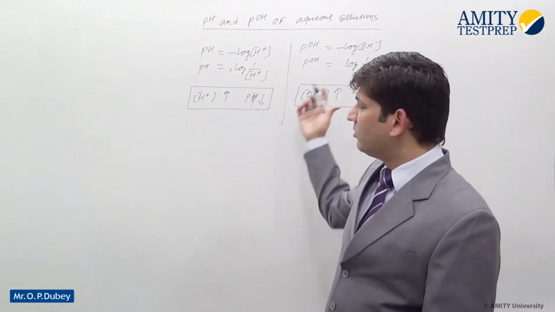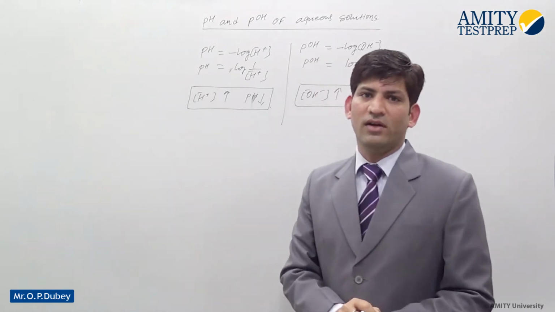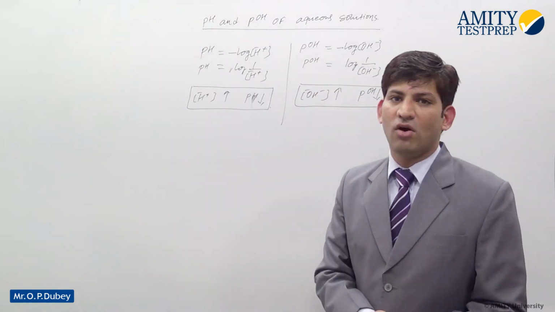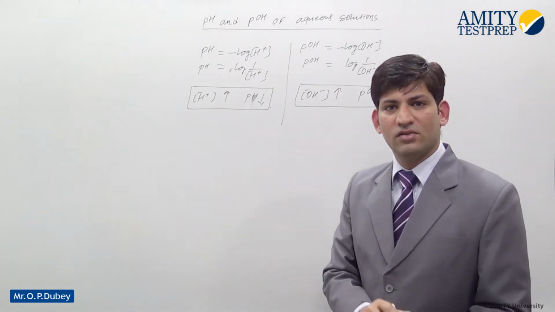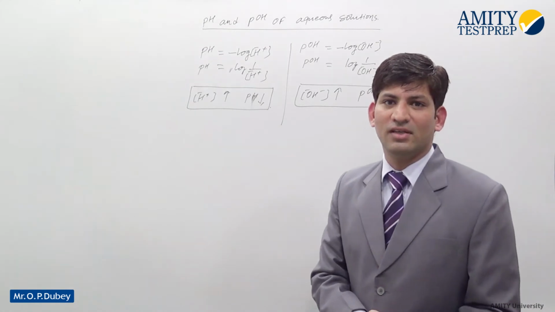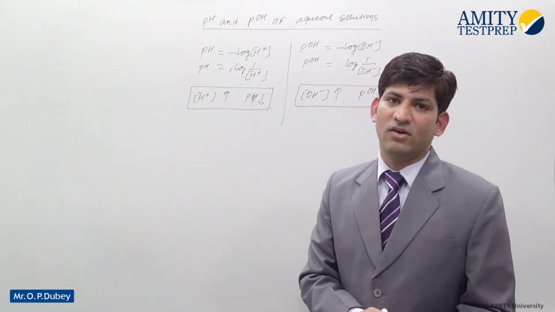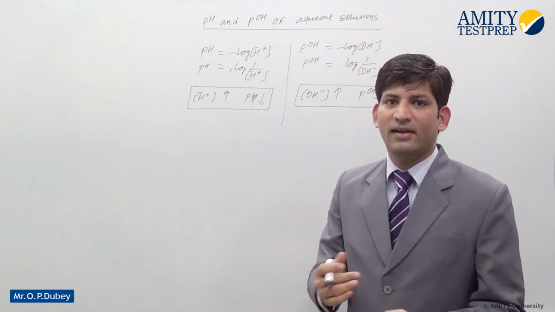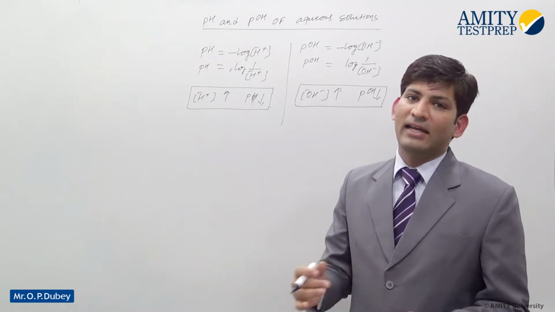Now these formulas are for dilute solutions and are not applicable for highly concentrated solutions, because in a highly concentrated solution, the effective H+ ion concentration is less than the exact or expected H+ ion concentration, because of interionic attraction.